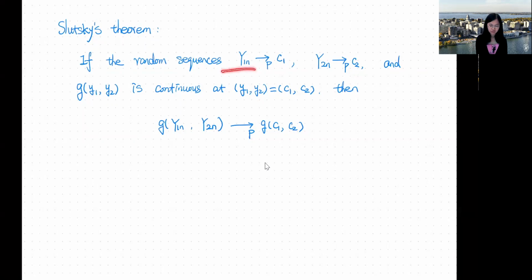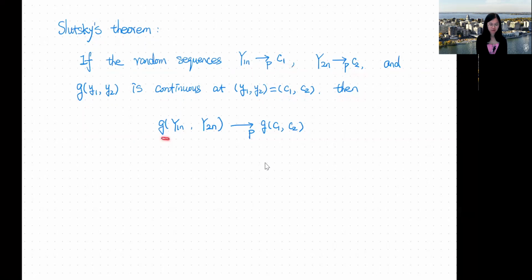You have these two random sequences, both converge in probability, and you also have a function g that is continuous at the point (C1, C2). That's the limit of the random sequence.